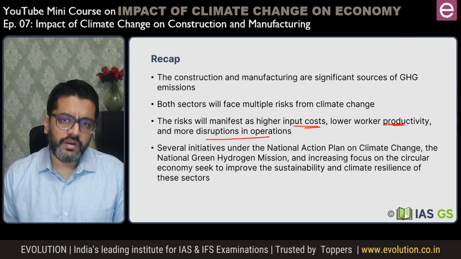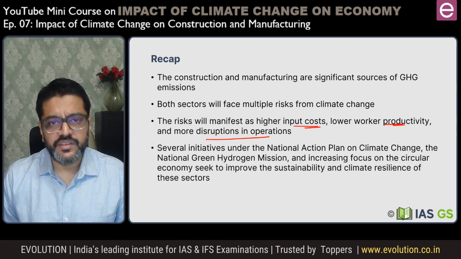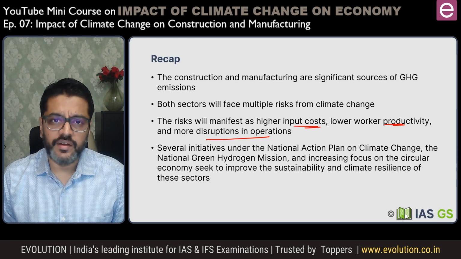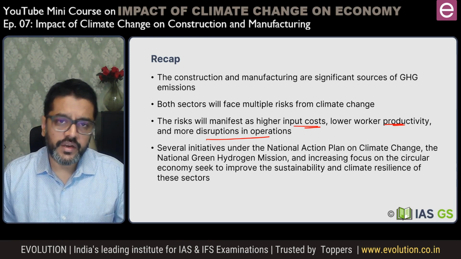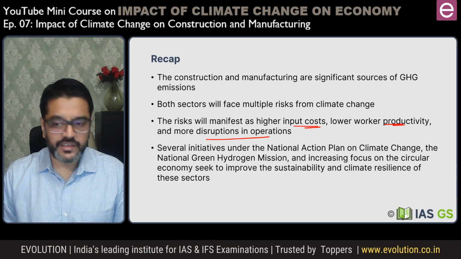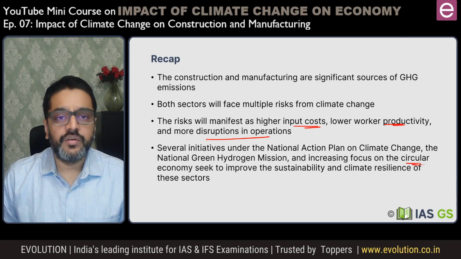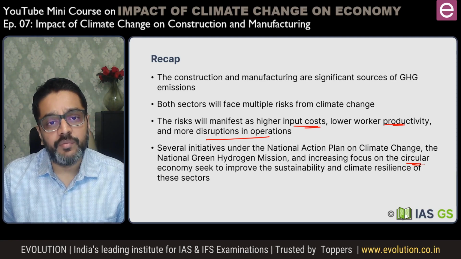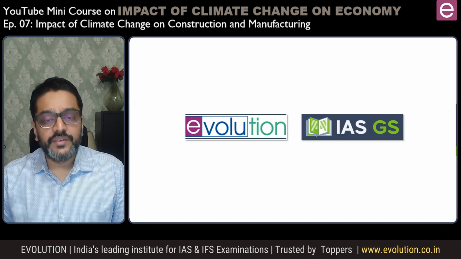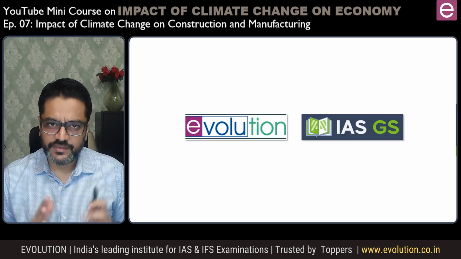And then finally we saw what are some major initiatives at the national and global level that the government is undertaking or is planning to undertake. And then finally we discussed how moving to a paradigm of circular economy can help us move to a better future, right? So that was our discussion.